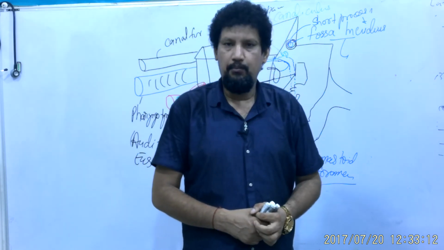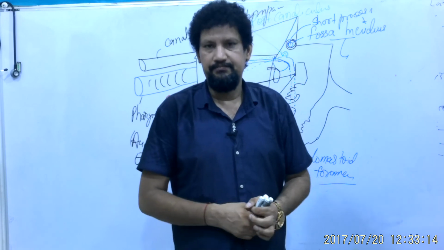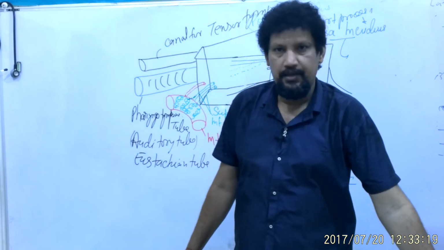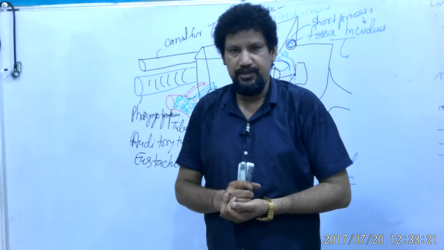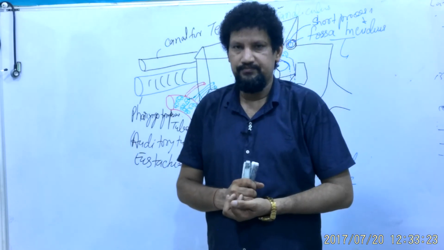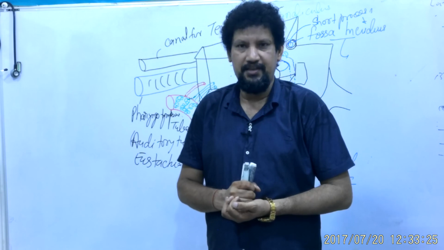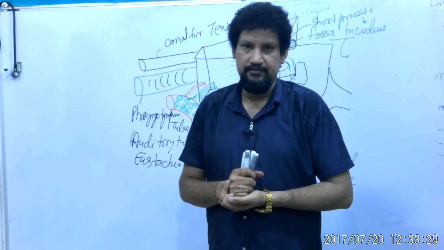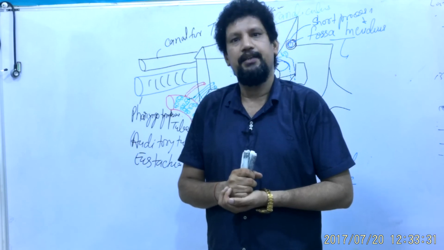The medial wall is little bit more complicated in comparison to the lateral wall, which is having the promontory and some other openings and depressions which are produced by the inner ear.